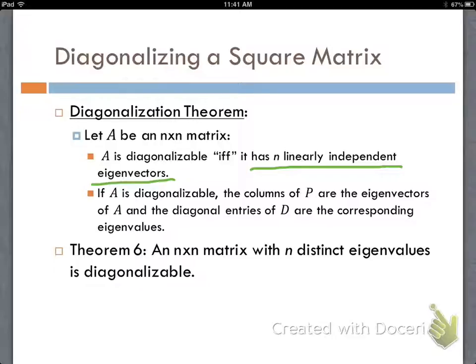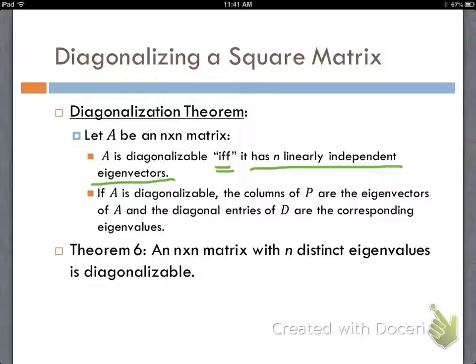And you all should know by now from the last couple of sections how to find your eigenvectors, right? So if it has n linearly independent eigenvectors, A is diagonalizable. That's the if and only if, meaning it goes both ways, right? So if you know A is diagonalizable, that means it has n linearly independent eigenvectors.